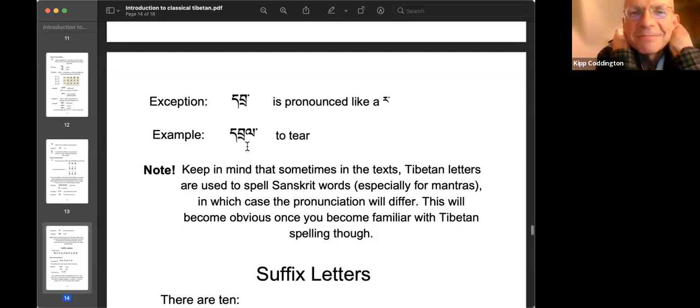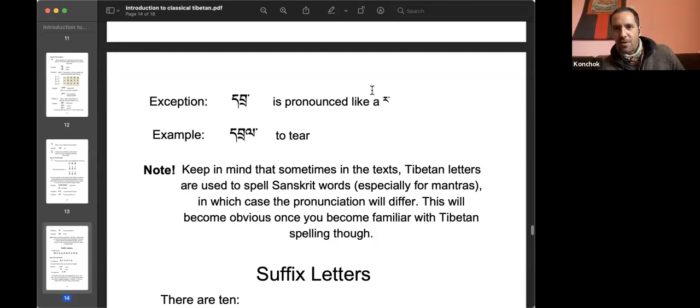Is there a reason why it's small and placed that way on the page? Oh, this one. Yes.